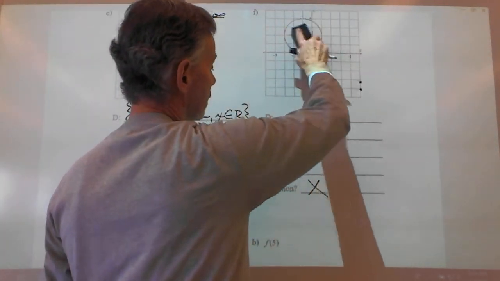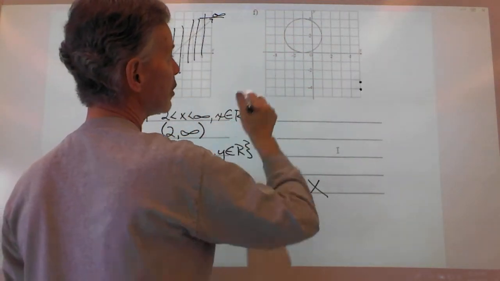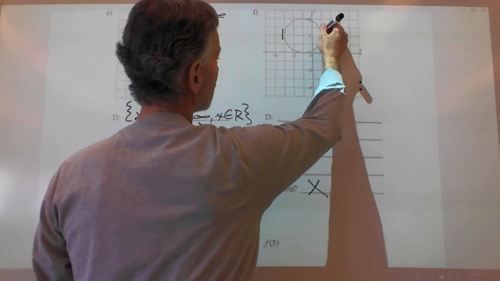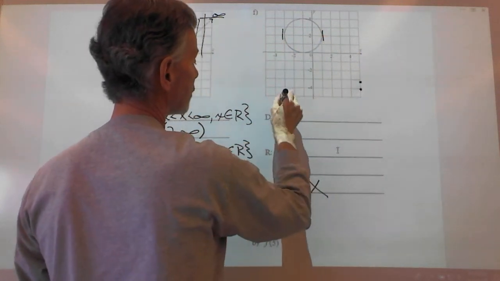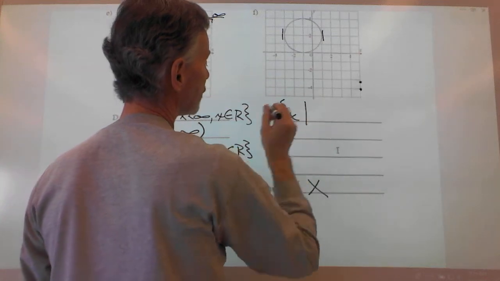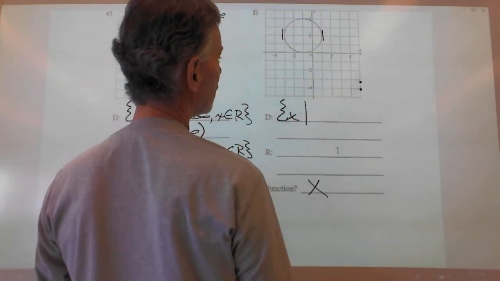Very quickly, just one more example of domain and range. Remember, your domain is minimum x to maximum x, which in this case would be x such that x is between -3 and 1.